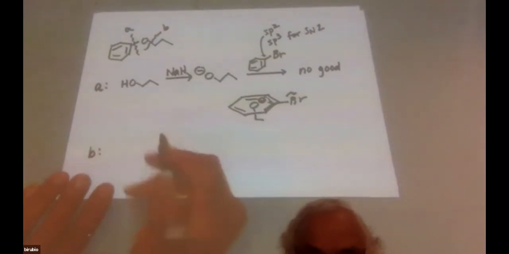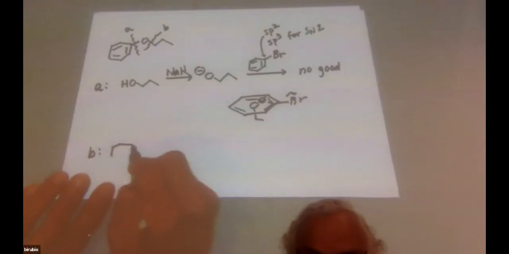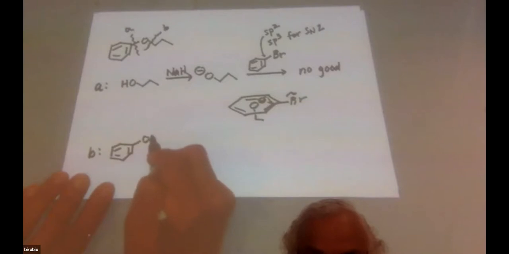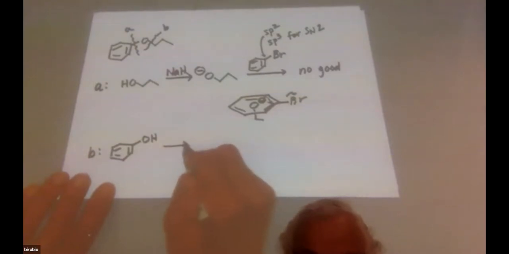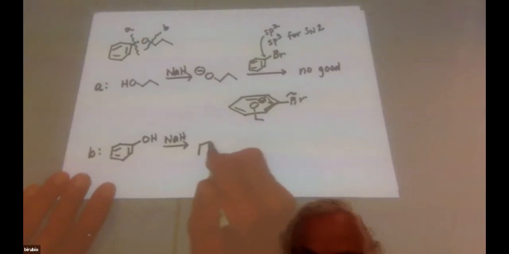Let's try that. So that would mean starting with this alcohol, right? This is phenol. This is a special kind of alcohol. If we want to think of it as secondary, we can. React that with sodium hydride. That's overkill in this case, but that's all right.